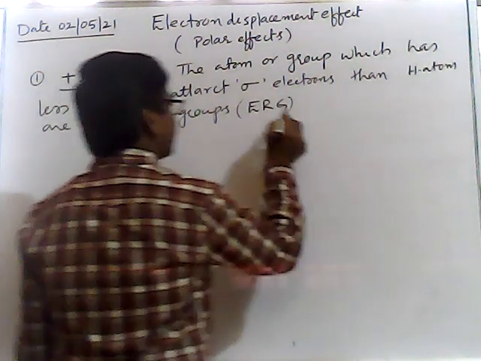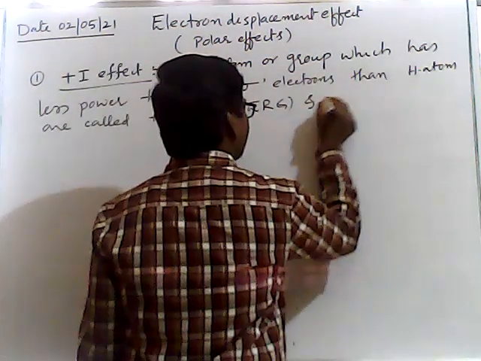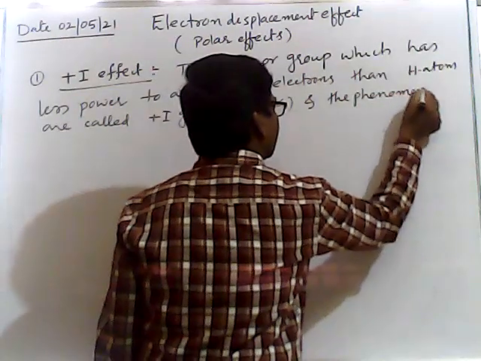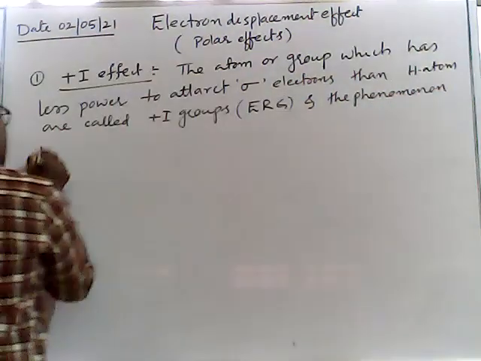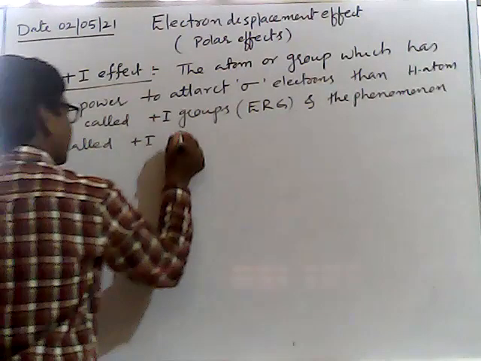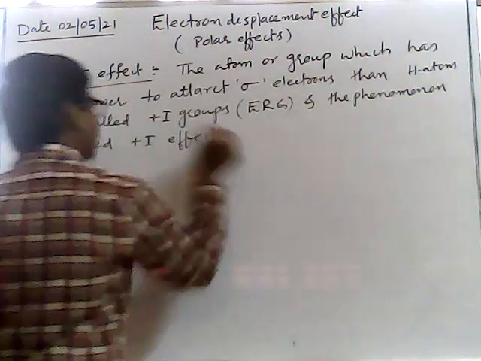Plus I groups are electron releasing groups. And the phenomenon is called plus I effect.